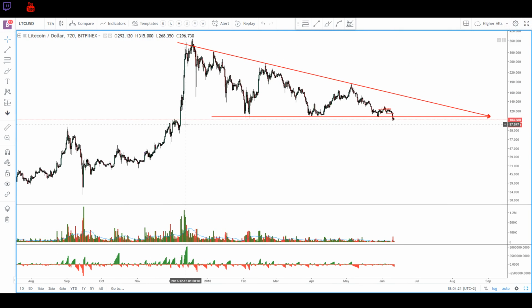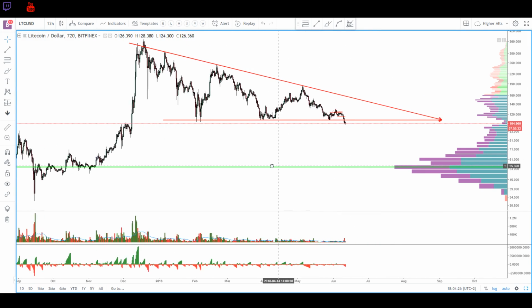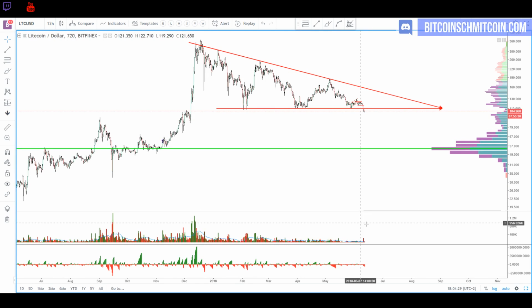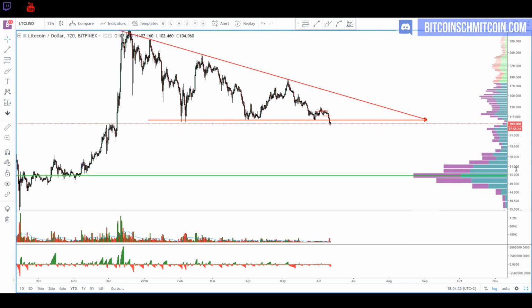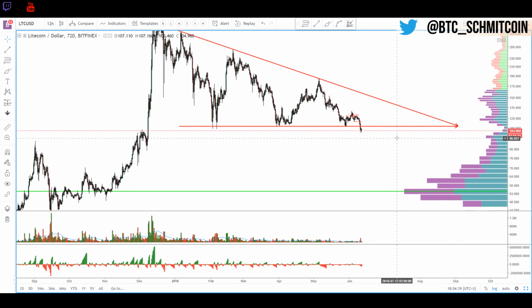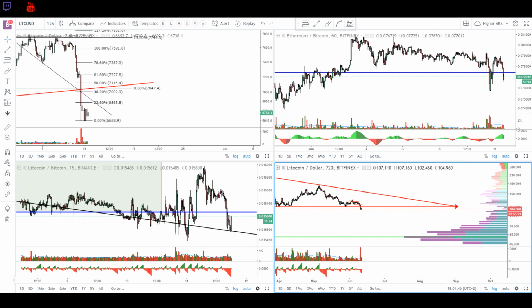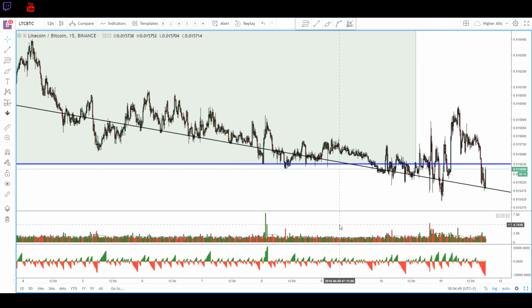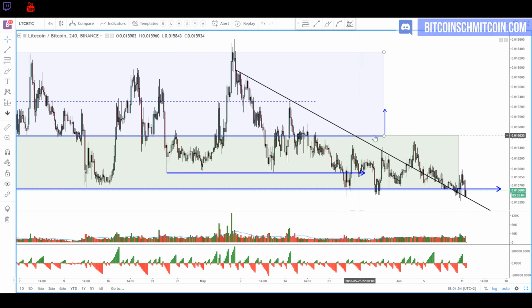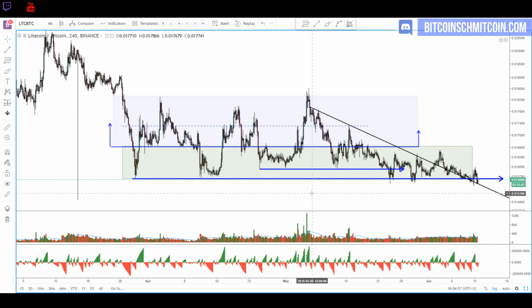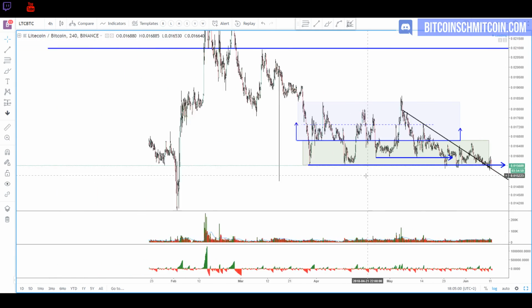There's a lot of support down here. If we look at the volumetric support levels, there's very strong support down here, and we see a node of volume support kick in right around here. So that might slow the downward slump of Litecoin USD. But what's most interesting, in my opinion, is the Litecoin Bitcoin chart. It's been in accumulation for a very long time, and it's holding its last point of support very well.